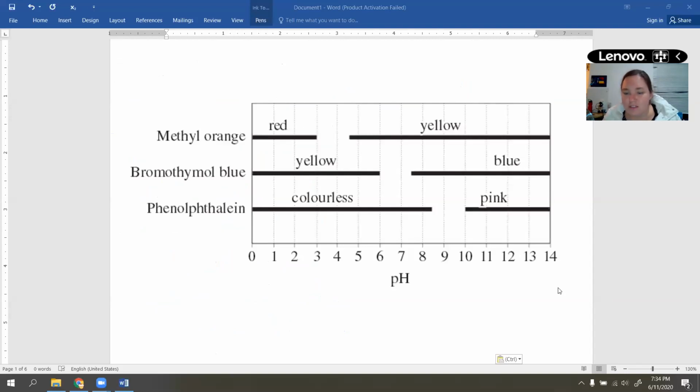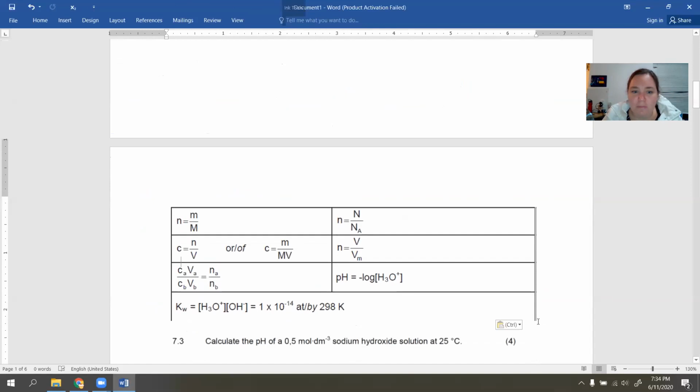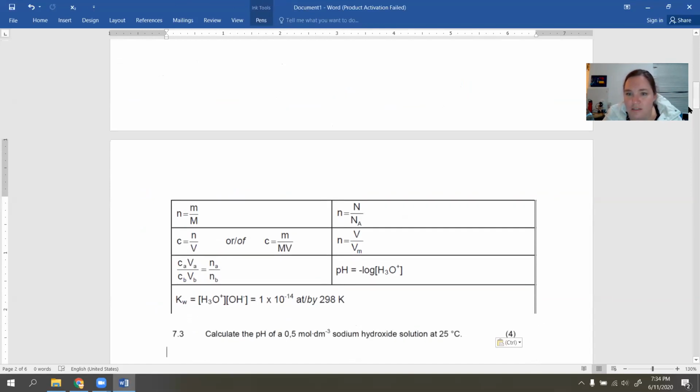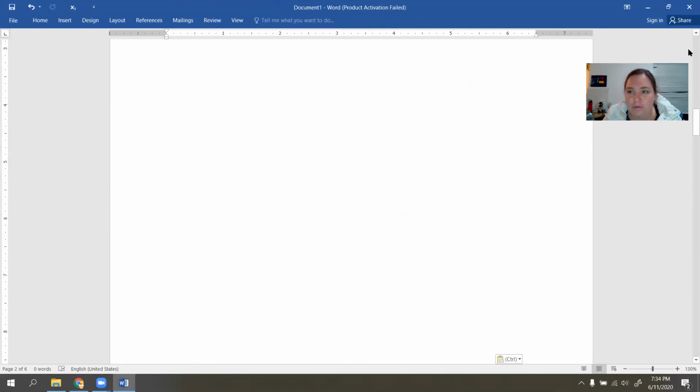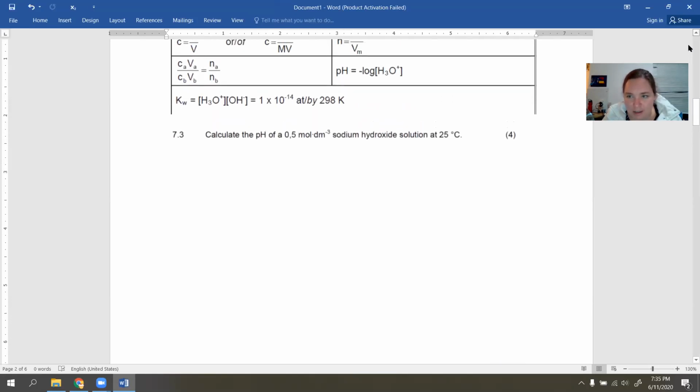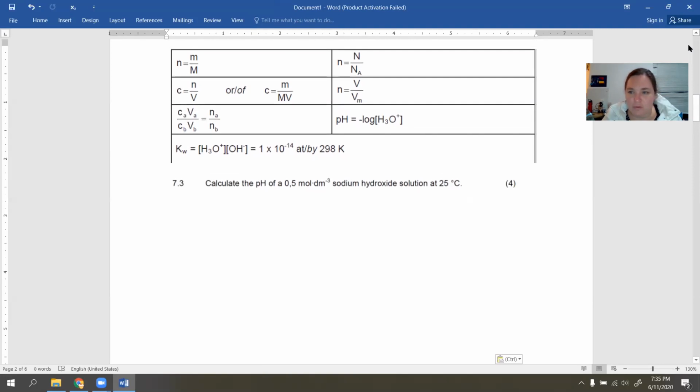Brilliant. Okay, so carrying on in this document over here, we're starting with past paper questions. Now, these questions are not for a huge number of marks, but they came out of a real exam paper, like a proper matric exam paper. So these are all DBE proper matric exam papers. This, just for the record, is a quick screenshot that I took of your formula sheet.